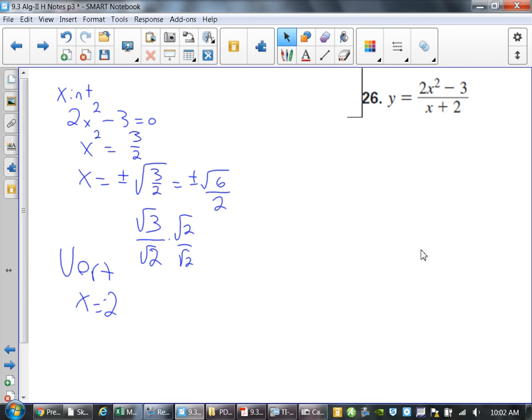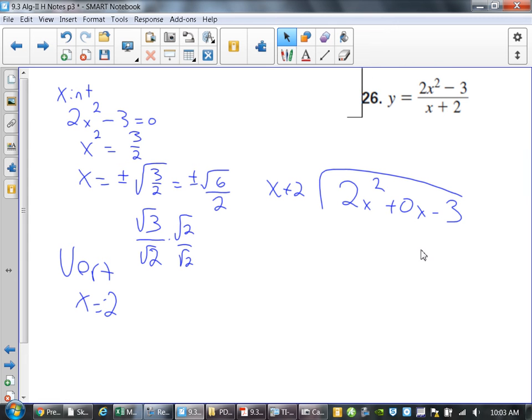Okay. We will have a slant at this point. So for our slant, we divide 2x squared plus 0x minus 3 by x plus 2, multiply it by 2x, subtract out, and multiply it by negative 4. It doesn't really matter if you don't care about the remainder.